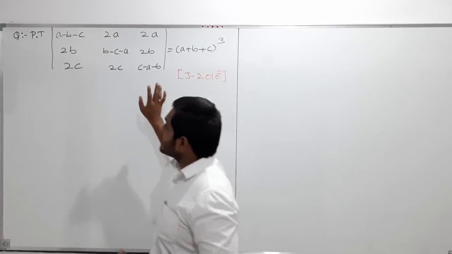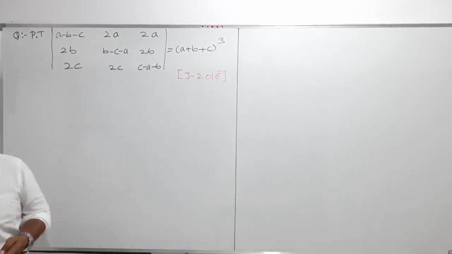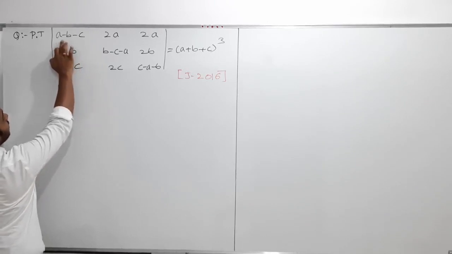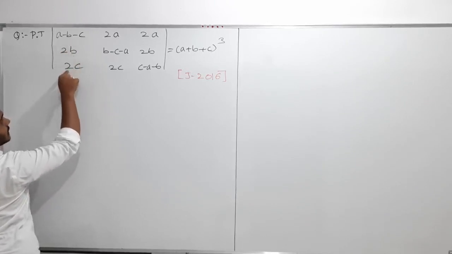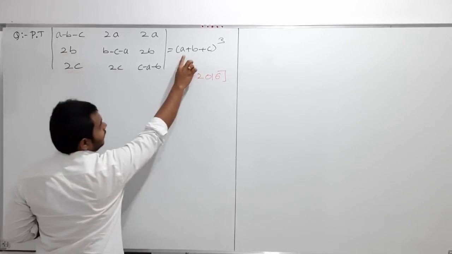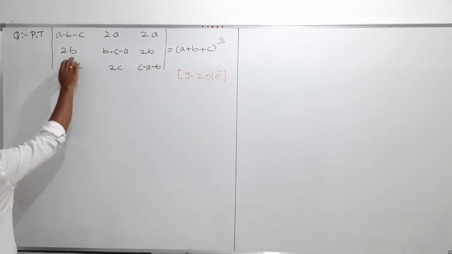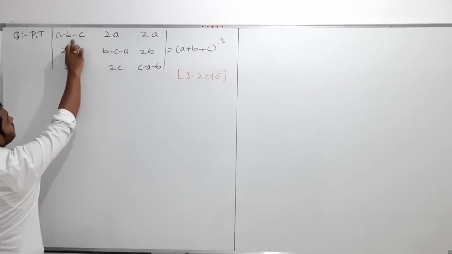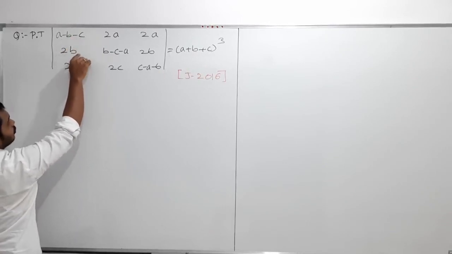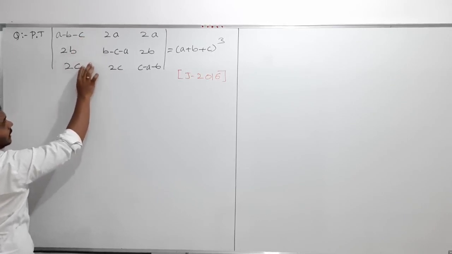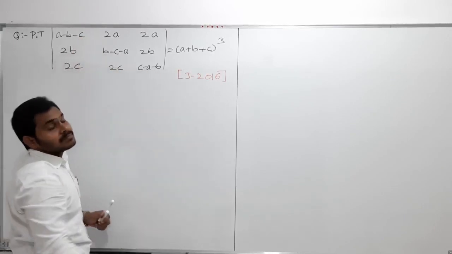Again my students, please try to observe the LHS part. So what is the LHS part? Here in the LHS you can observe a minus b minus c is there, here 2b is there, here 2c is there. So I require (a plus b plus c) whole cube. So if you add row 1 plus row 2 plus row 3, you will get a plus b plus c.